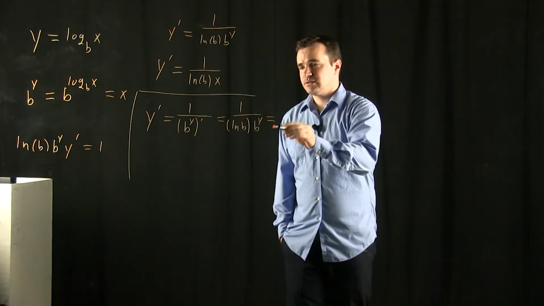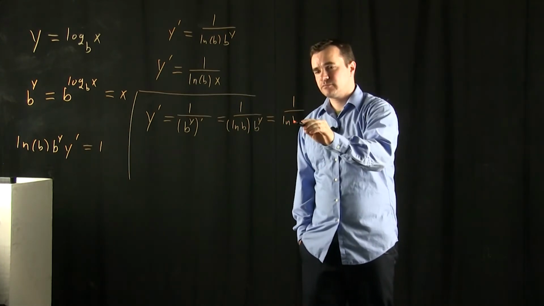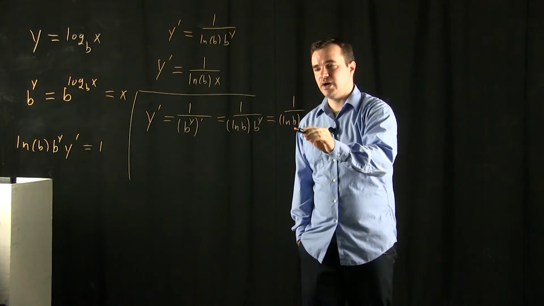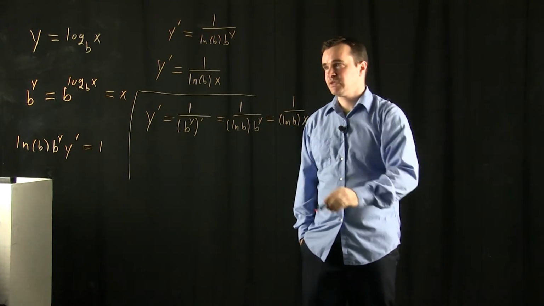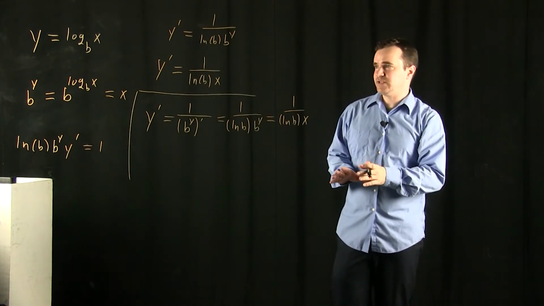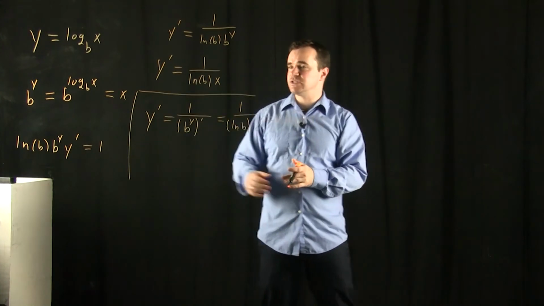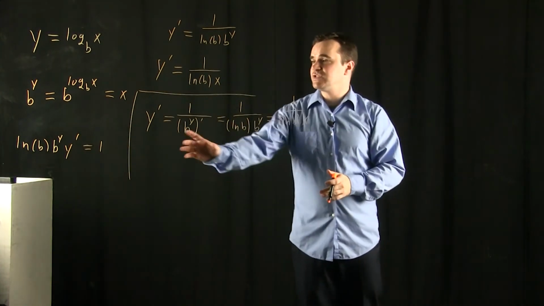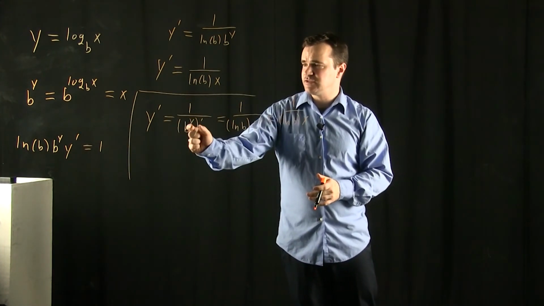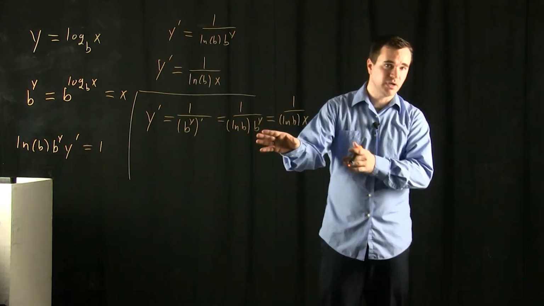And here I just, using the same argument, natural log of b, and b to the y is just equal to x. So either way you do it, you end up with the same answer, although in one argument you're thinking of y as a function of x. With this argument, you're thinking that the specific point y is fixed, just taking this derivative as usual and then plugging that in.